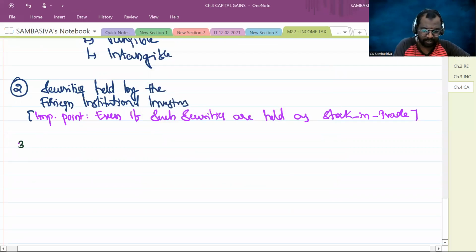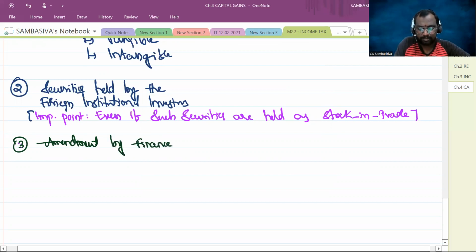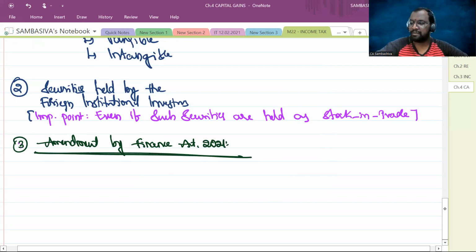Third one is the latest amendment, sir. Amendment by Finance Act 2021. So the third one was recently added.